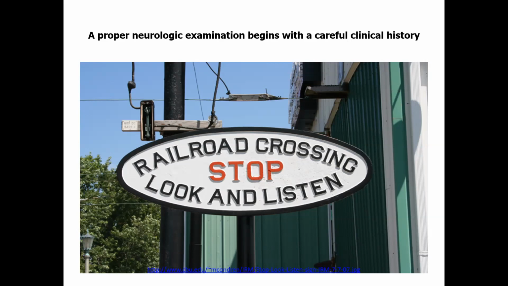Another case: if someone with SLE develops a stroke, you would probably use antiplatelets because of the potential for thrombocytopenia. So the history is very, very important. Now, physical examination.